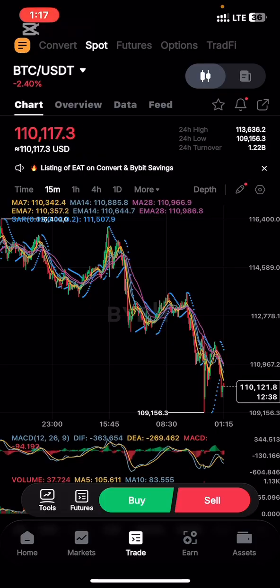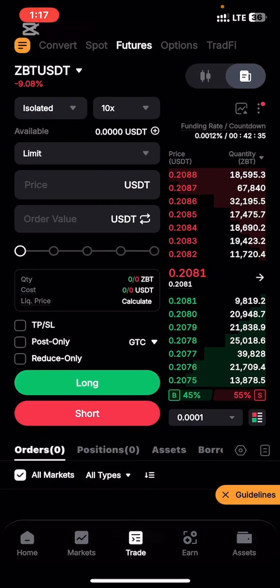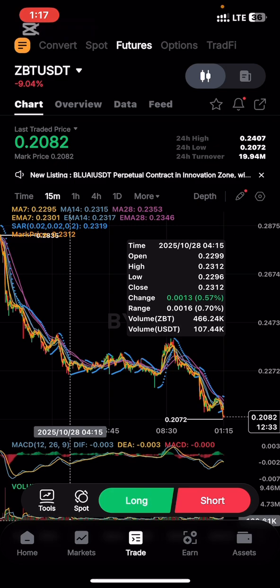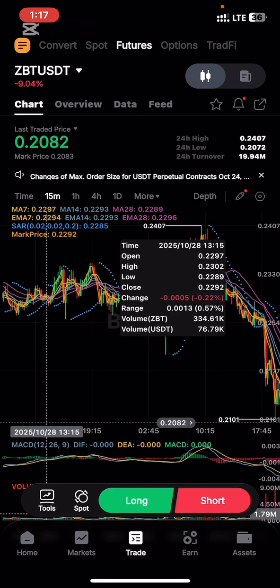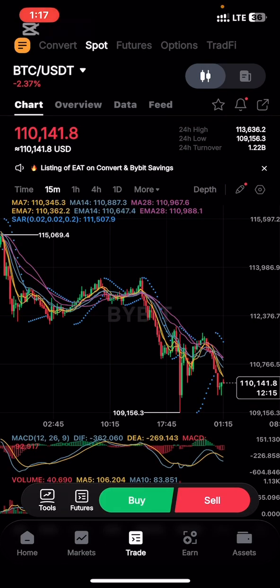But a futures trader trades directly with the market immediately. The up and down candlesticks you see, you trade with the market and you make your profit in seconds, minutes, or an hour. But a spot trader can make his profit in a month or a week, because he or she has to wait for the coin value to increase so he can make his profit.